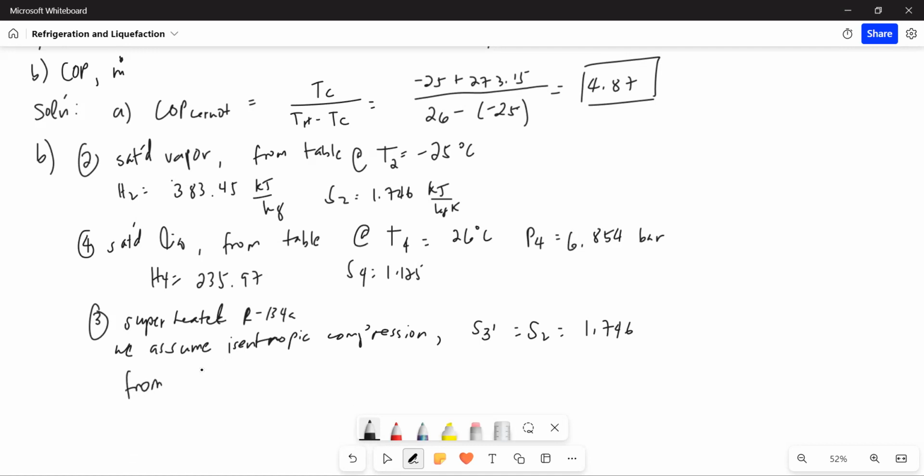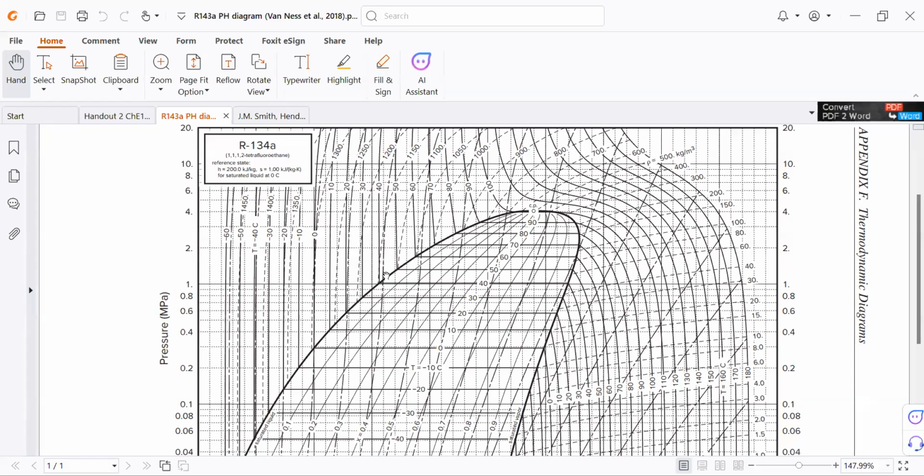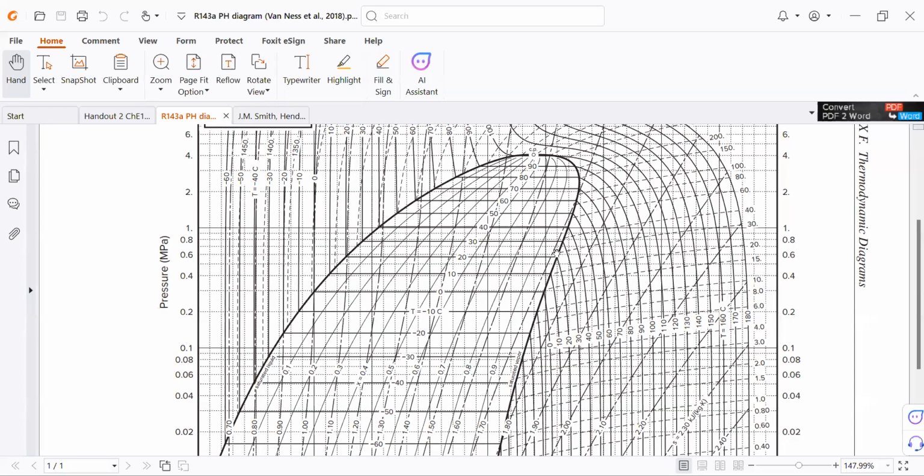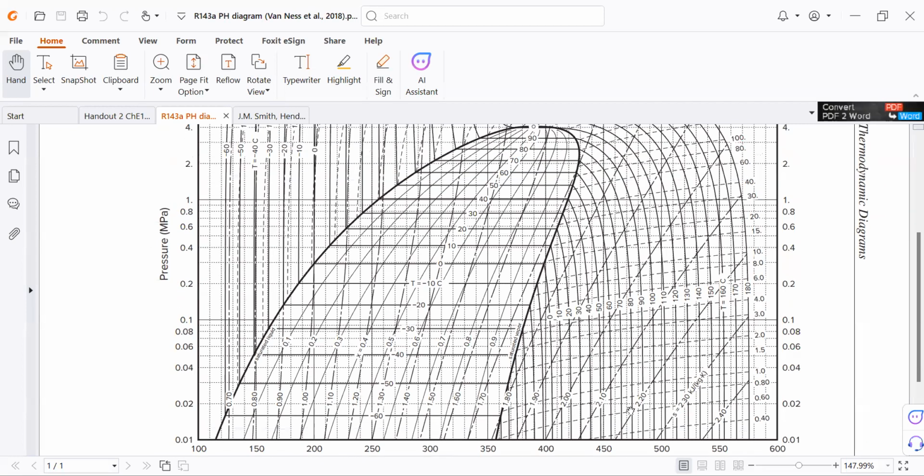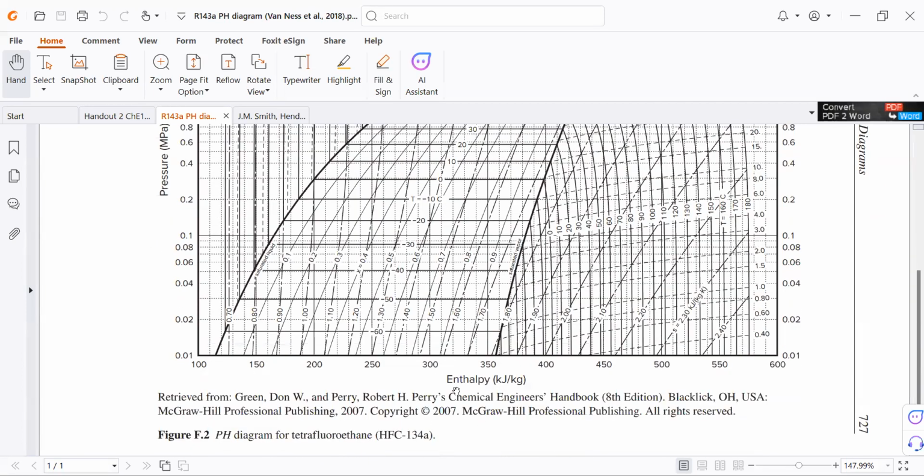Therefore, from the pH diagram, at pressure P3 prime equal to P4 equal to 6.854 bars, I'll let you read from the diagram using the pressure and the entropy to get the enthalpy.